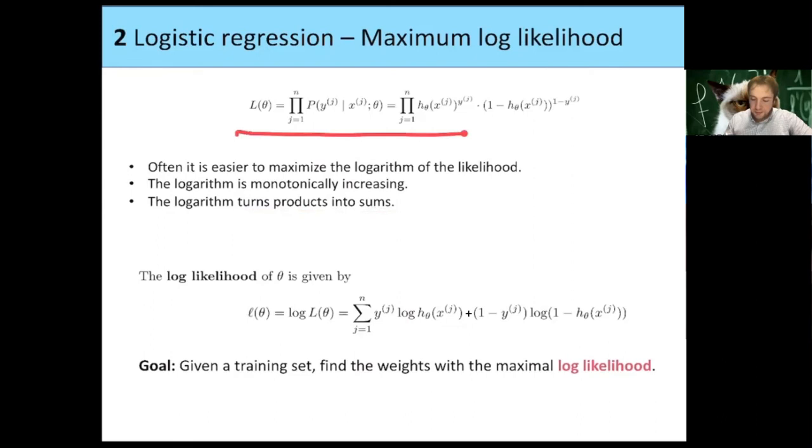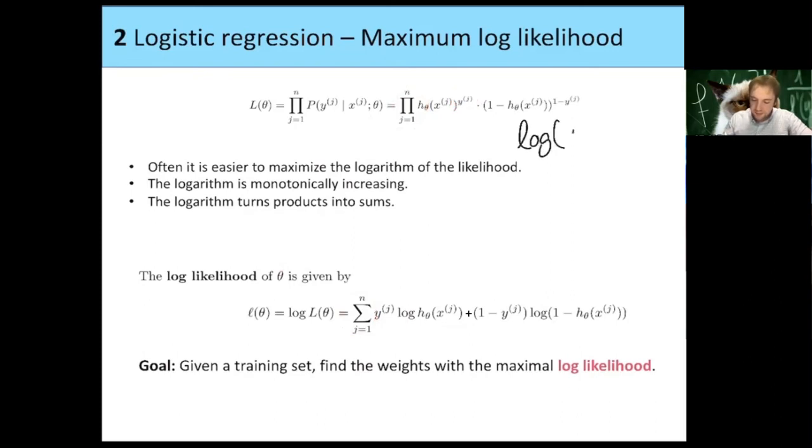If we apply the logarithm to this function, which is called the log likelihood of the weight theta, then the product becomes a sum.